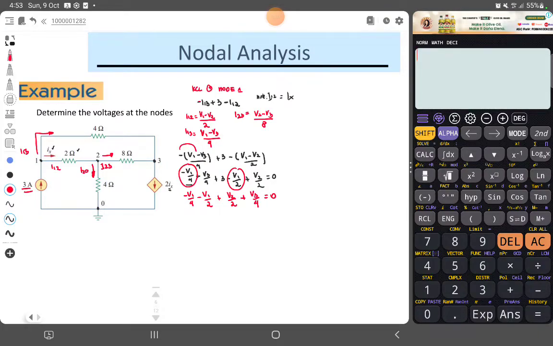From that, I have negative 1/4 minus 1/2, which is of course negative 3/4, so negative 3/4 V1 plus V2 over 2 plus V3 over 4, and our 3 ampere can be written as equal to negative 3 ampere. So this can be our equation 1.